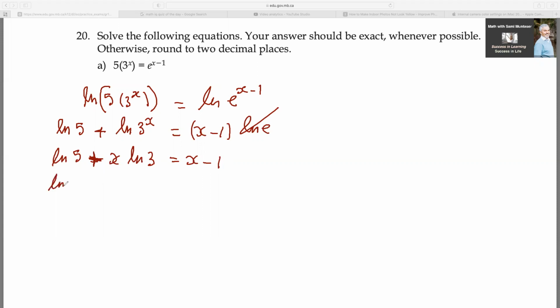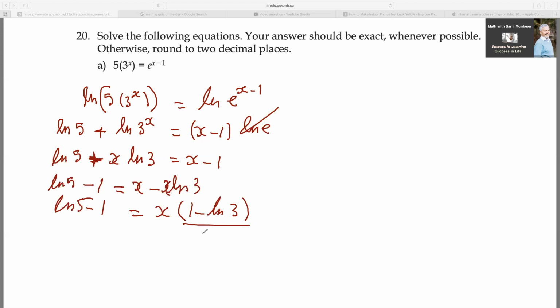So I have ln 5 minus 1 equals x minus x ln 3. I'm going to take out x as the greatest common factor, and I'm going to get x(1 minus ln 3).